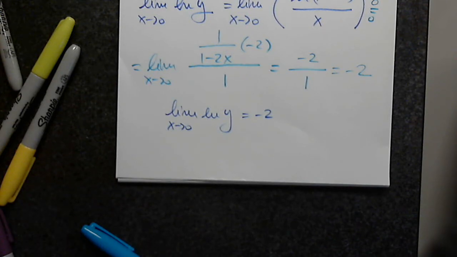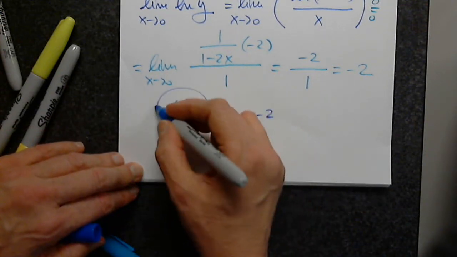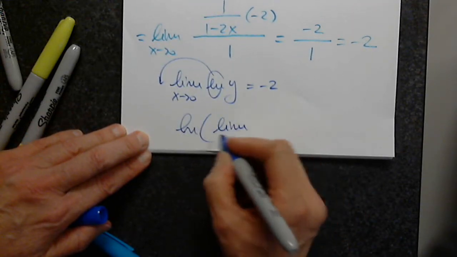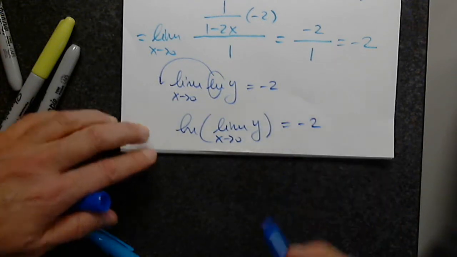Now I will swap the operators. What happened to 1 minus 2x? Plug in 0. Is that okay, everyone? Yes. Okay, so now because all these functions are continuous, I'm allowed to swap. So this is natural log of the limit as x approaches 0 of our function y, and it is negative 2.